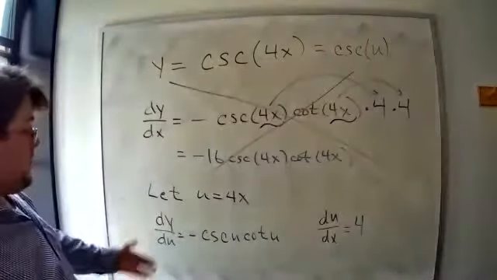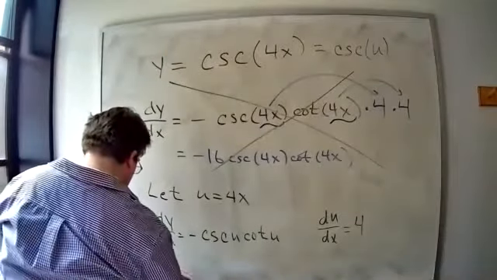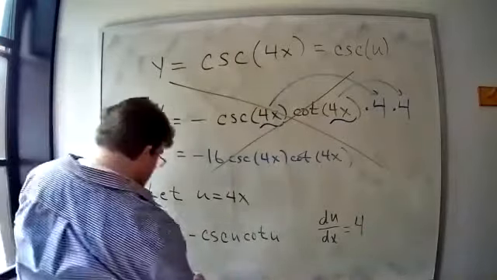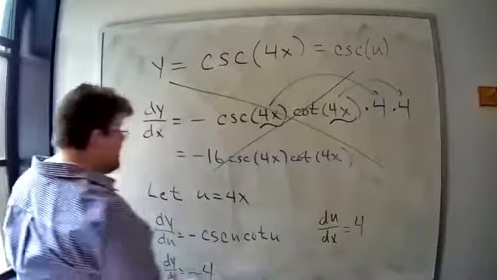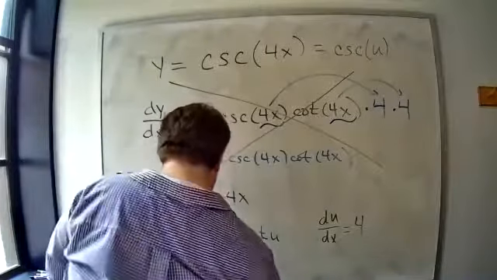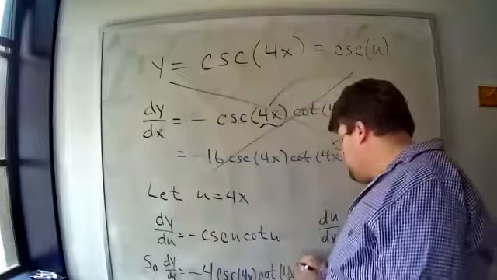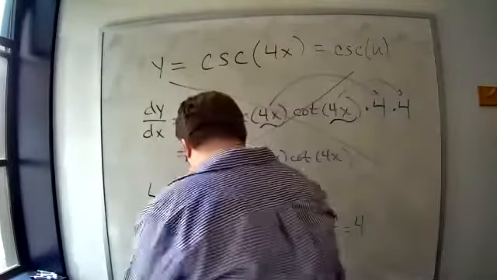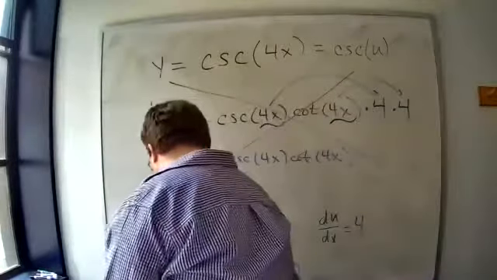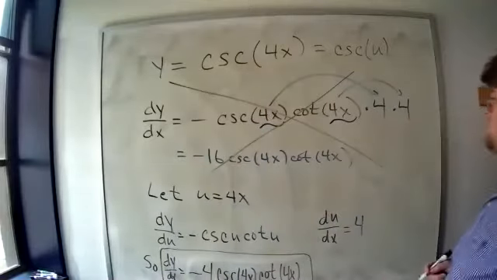And now multiply these two together. What do we get? dy/dx. I'll pull all the constants out front: negative 4 cosecant of u, cotangent of u, and u equals 4x. So only one 4 does show up.